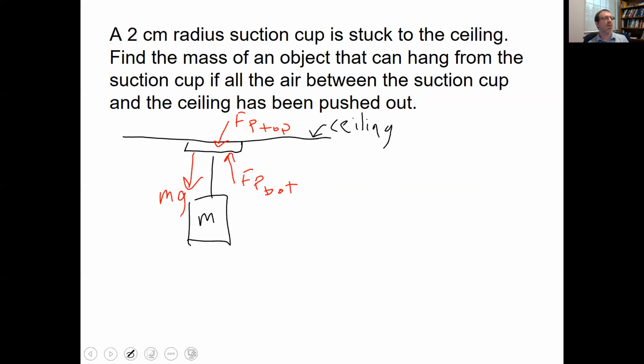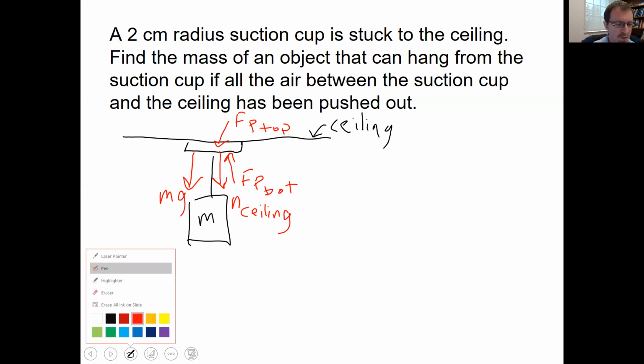So I've got a contact force between the ceiling and the suction cup, and a contact force between two surfaces, to remind you, is called a normal force. If I don't have everything completely balanced, I would also have a normal force that's downwards due to the ceiling pushing downwards on that suction cup.